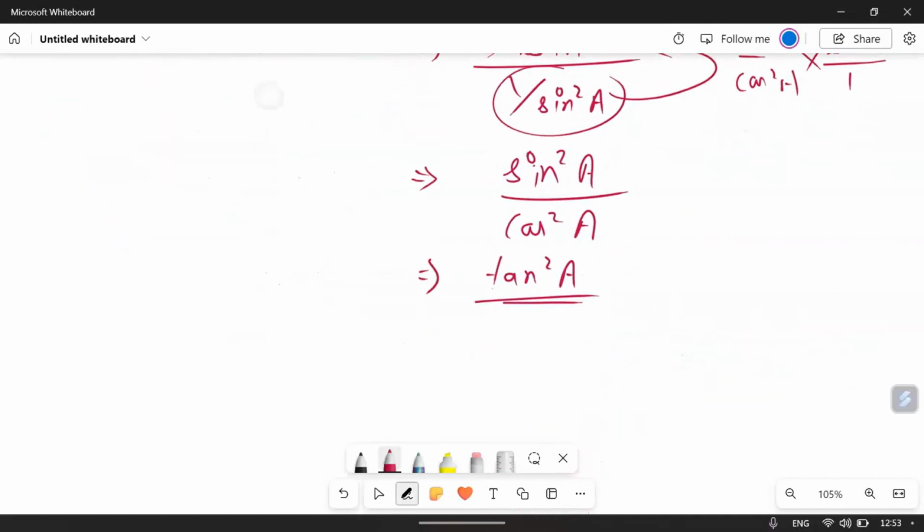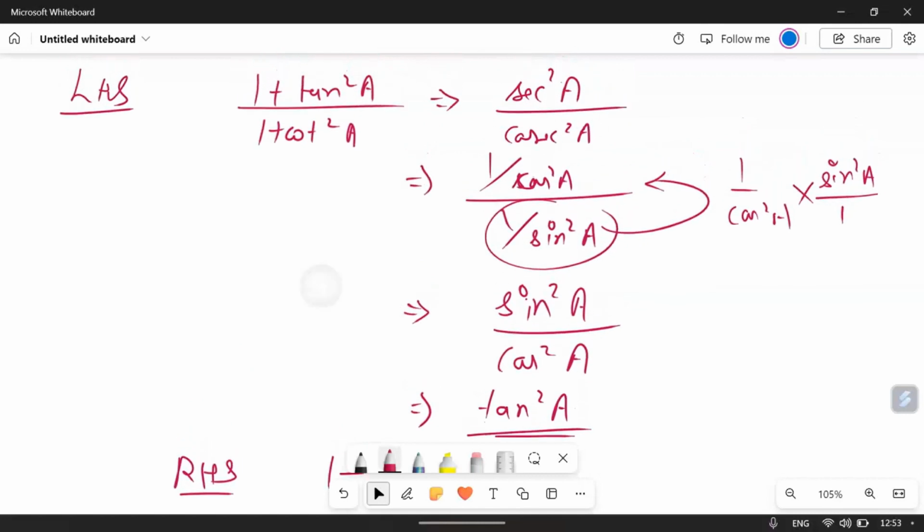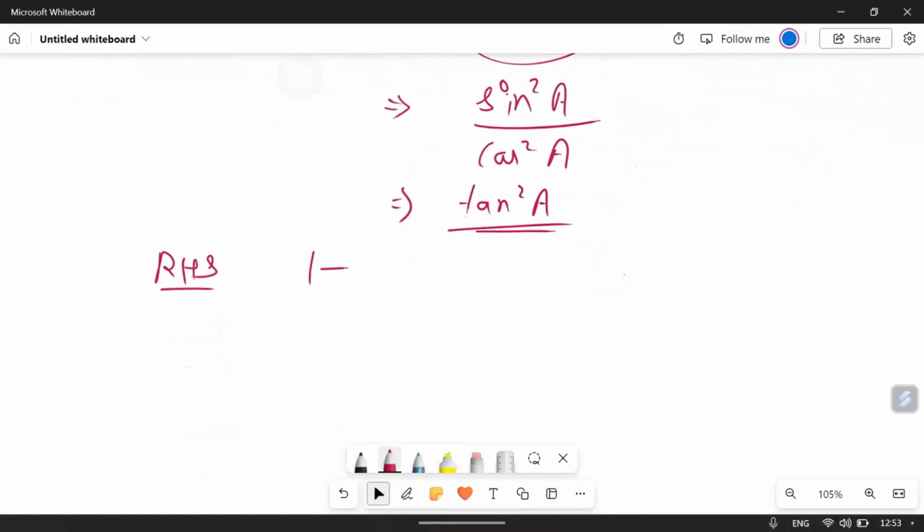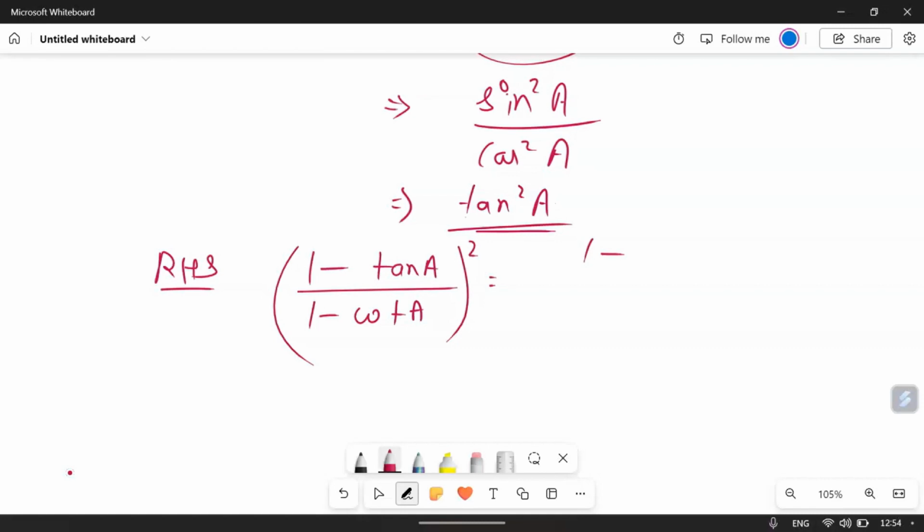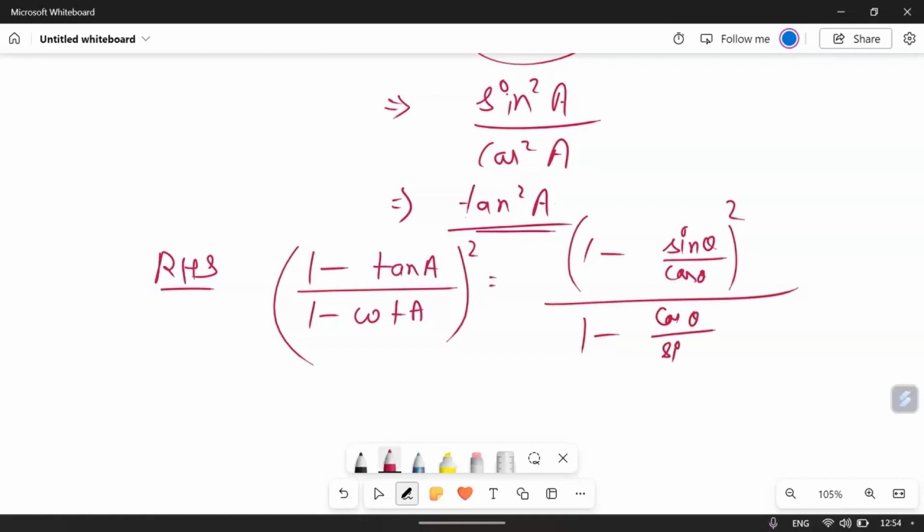Okay, let's do it. So RHS is your (1 minus tan a) whole square divided by (1 minus cot a) whole square, right? So 1 minus tan a whole square, which can be written as 1 minus sin theta upon cos theta whole square, and 1 minus cos theta upon sin theta whole square.